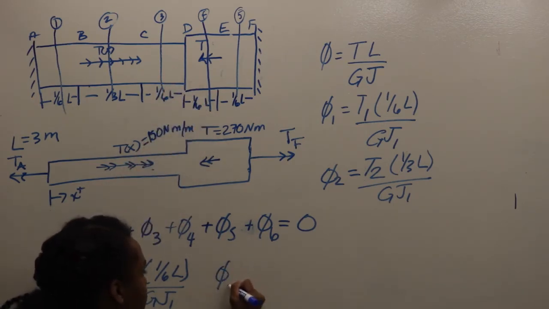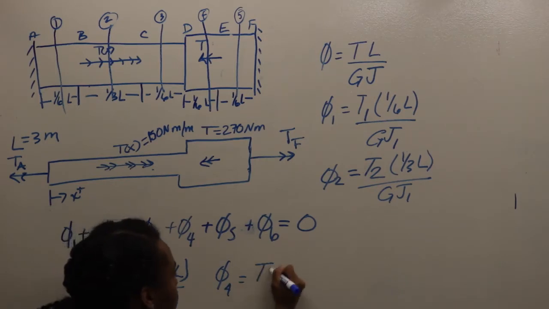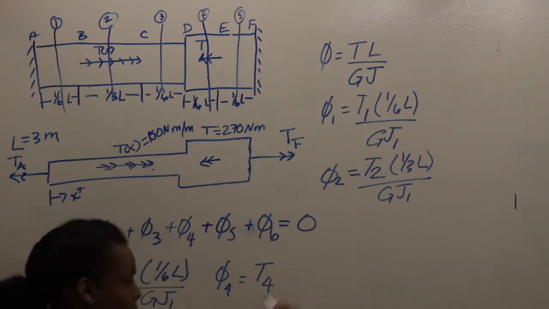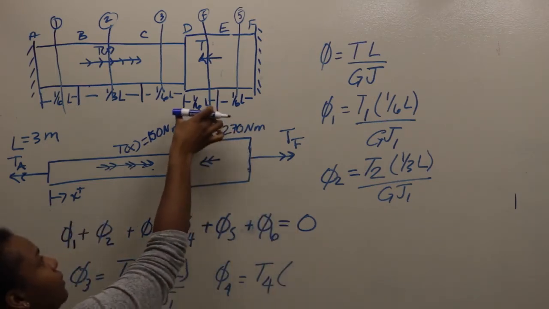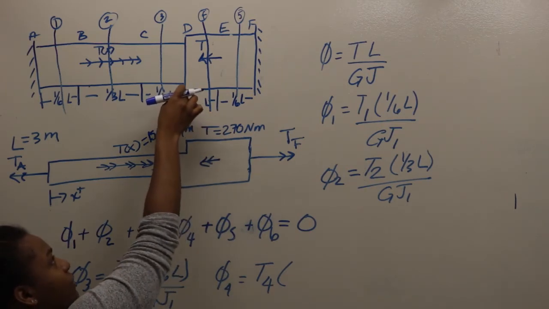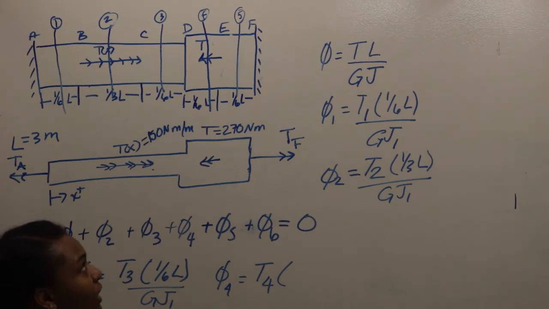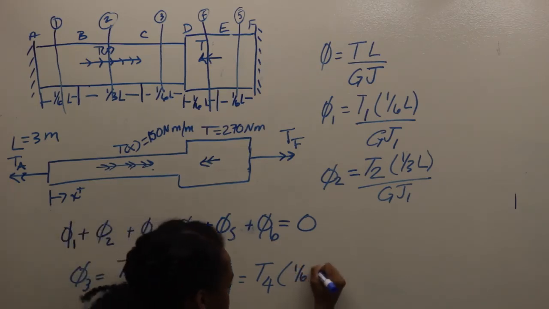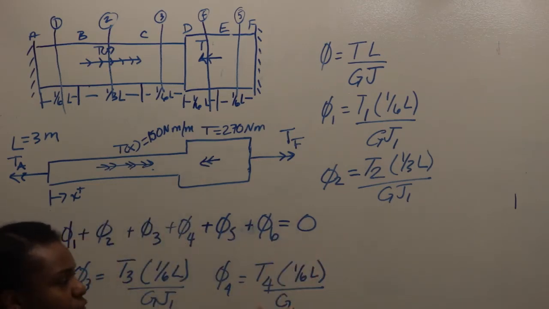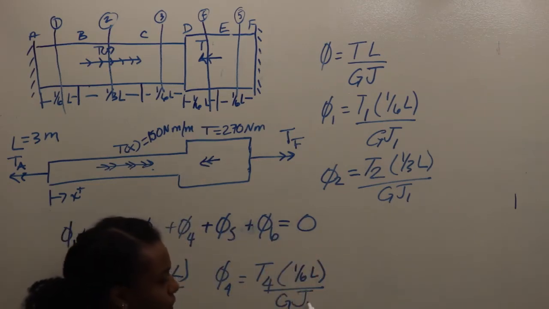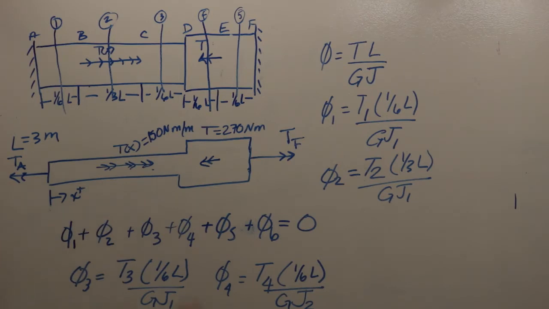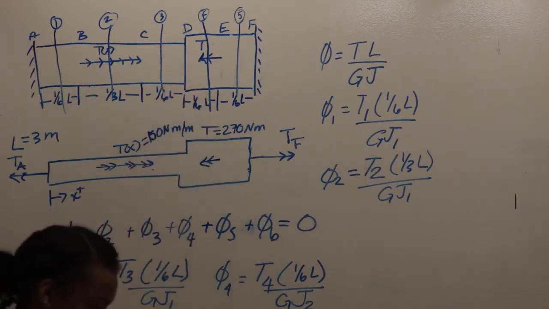Now, for the angle of twist at 4, we're focusing on this cross section. So, the angle of twist at 4 equals the torque of 4 times the length from the beginning of this cross section to where the concentrated torque is applied, which is E, so 1/6 L over the shear modulus, because it's the same throughout the whole shaft, and the polar moment of inertia of shaft number 2.